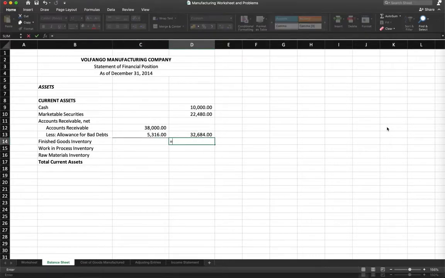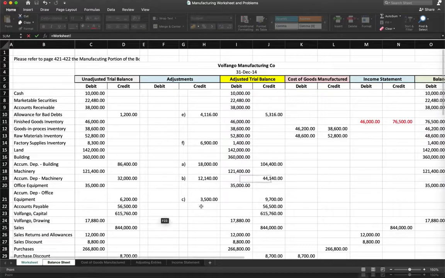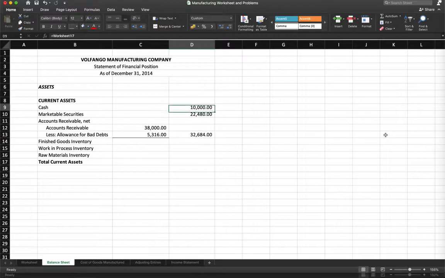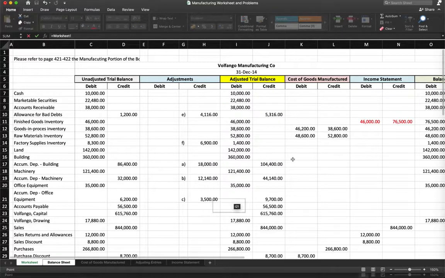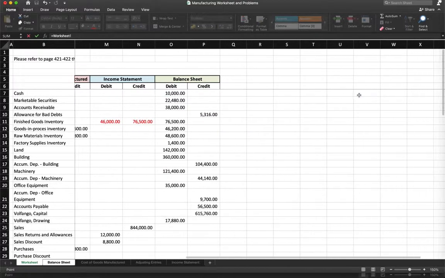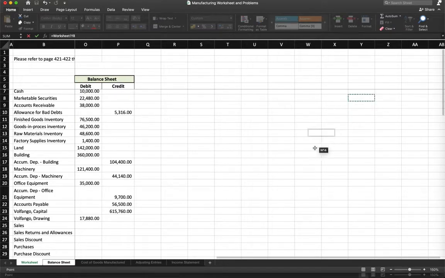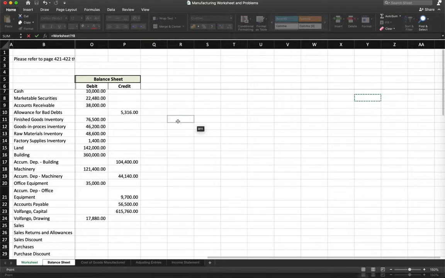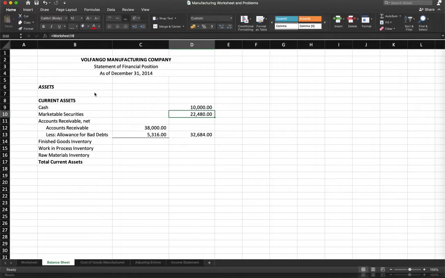Then finished goods inventory, and of course ending balance lang dito, class ha. Ay, bakit ko ba dito kinukuha? Kunin natin pala dito sa balance sheet column, di ba? Yan, dito tayo. Okay ba? Para magamit natin.